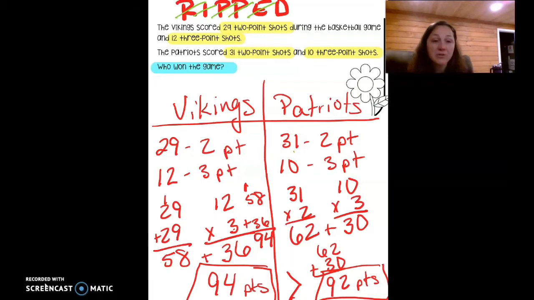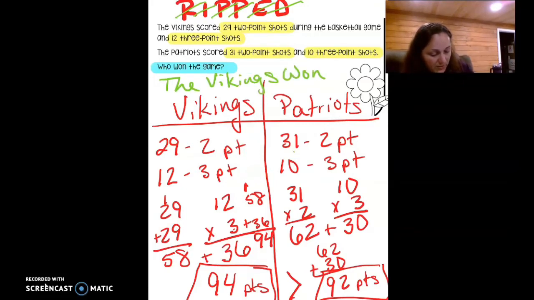So now I'm going to write this as answering a word problem because that's what you do. So when it says who won the game, I would answer that in a complete sentence. I would say the Vikings won the game. The Vikings won the game.